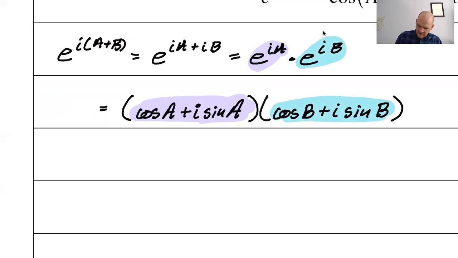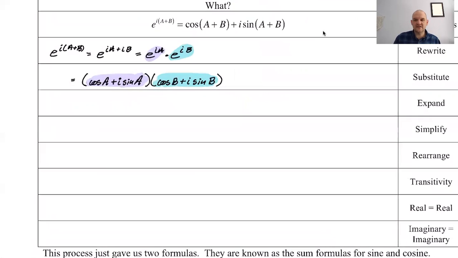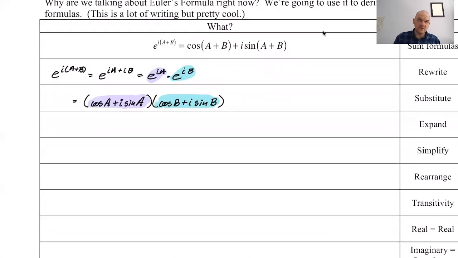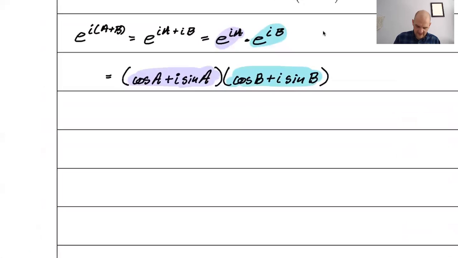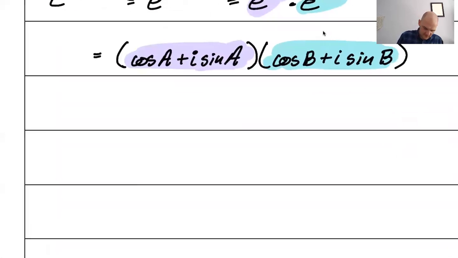So far we haven't really done anything. We just used some properties of exponents, and then we expanded, or substituted. Now we're going to expand. By expand, I mean multiply it out, and it's not going to be great.